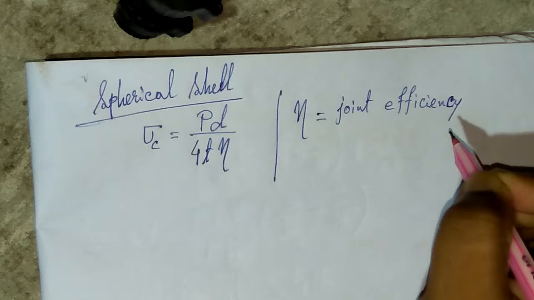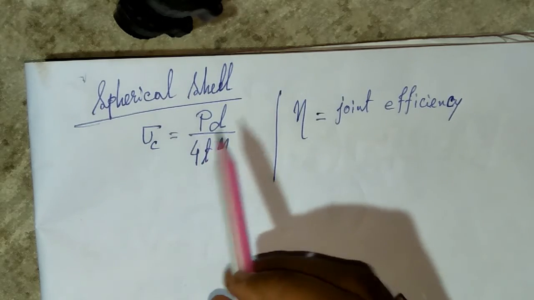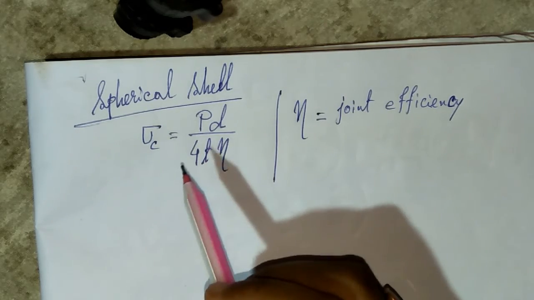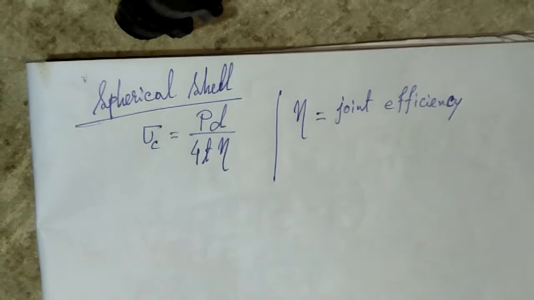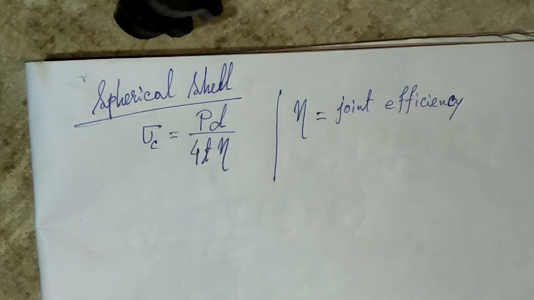For a spherical shell, the value of hoop stress or circumferential stress is PD by 4T into eta, where eta is the efficiency of the joint.